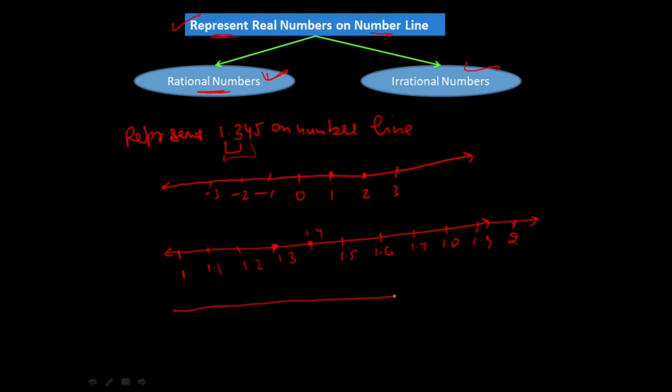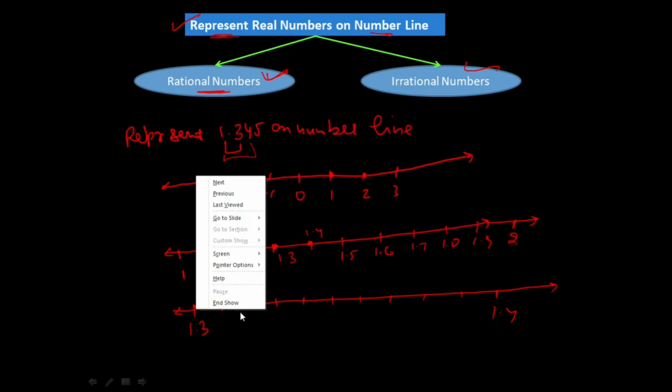So again draw a straight line. This is 1.3 here. Again 10 equal parts. Parts should always be equal. First, second, third, fourth, fifth, sixth, 7, 8, 9 and 10. This will be the last number 1.4. This value will come here and 1.3 will go there.